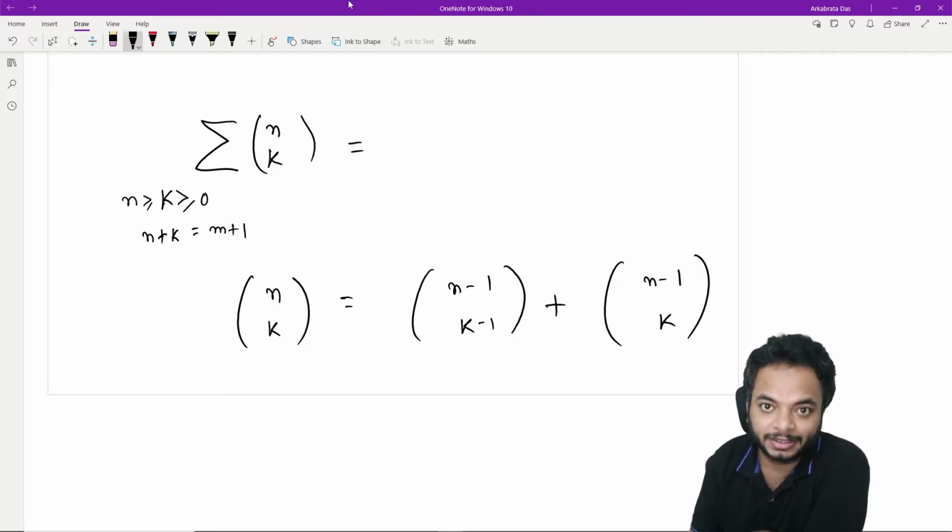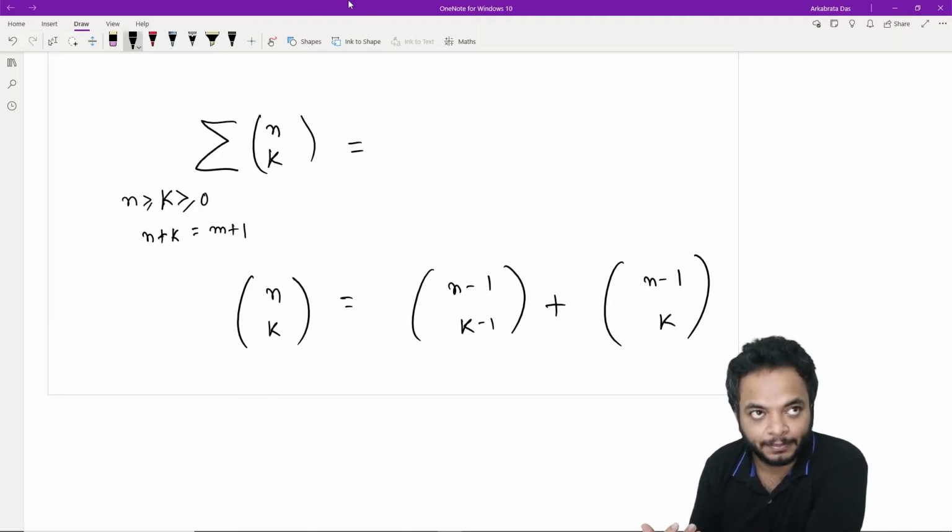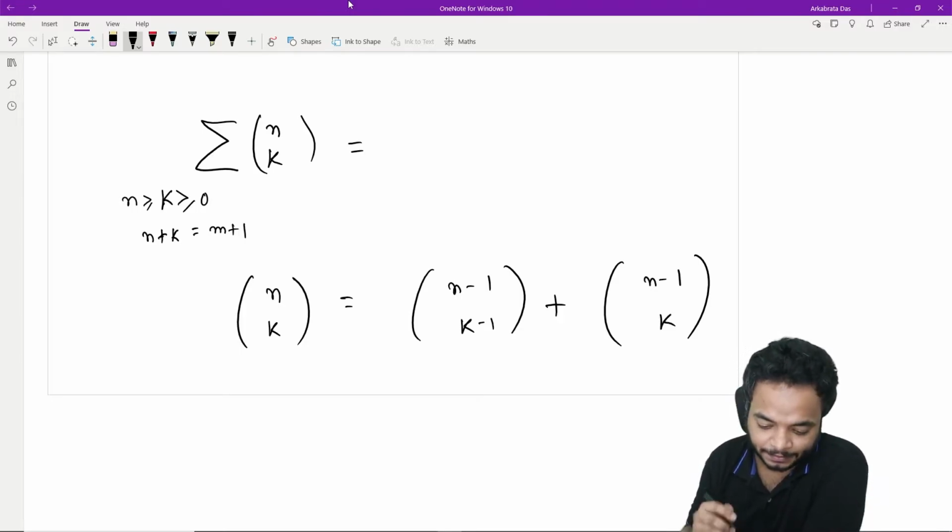We have to show that this summation is the sum of binomial coefficients n choose k where n plus k equals m. For f_m we would have up to m minus 1 and then up to m, so we divide this sum into two parts: one for n plus k equals m minus 1 and the other for n plus k equals m.